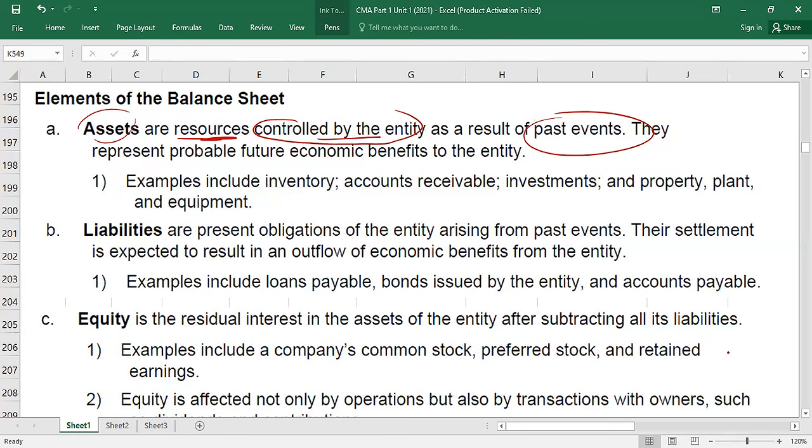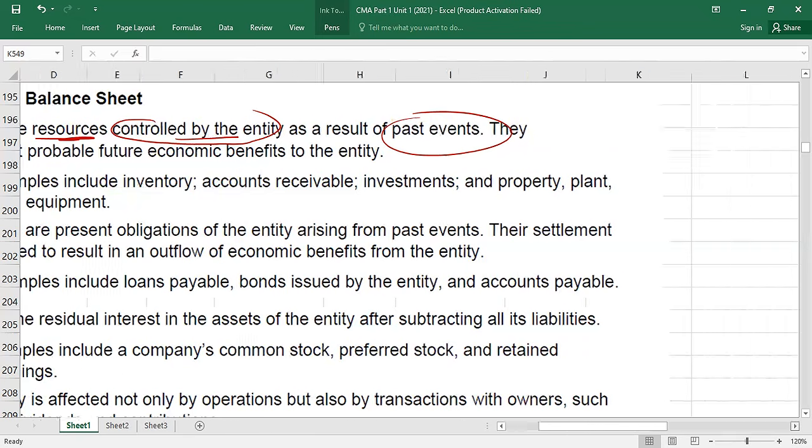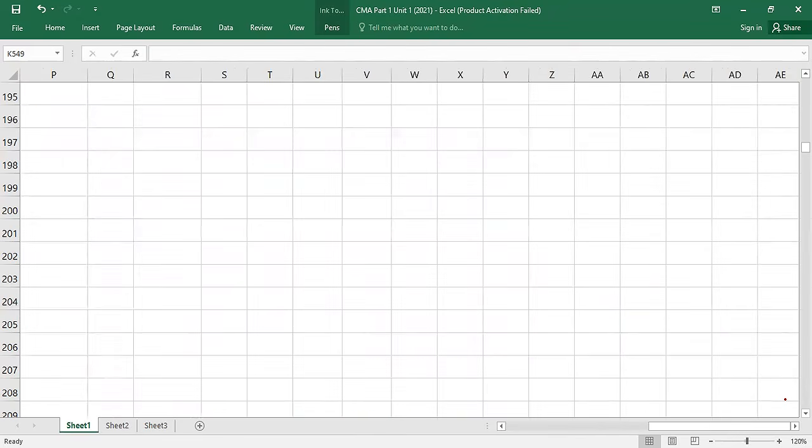Okay. Now, let me tell you what are current and non-current. This is US GAAP, I'm telling you. Let me write it here. First of all, select whichever is shorter. What? A, a period of 1 year.